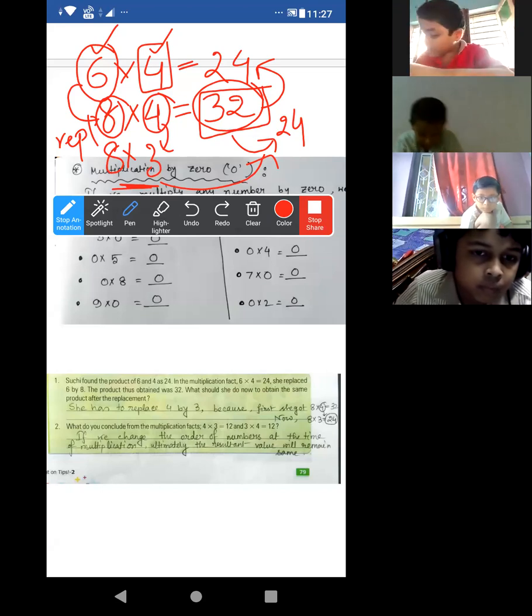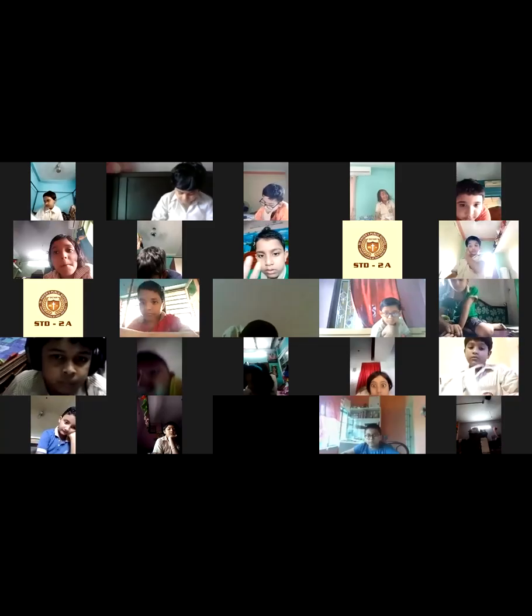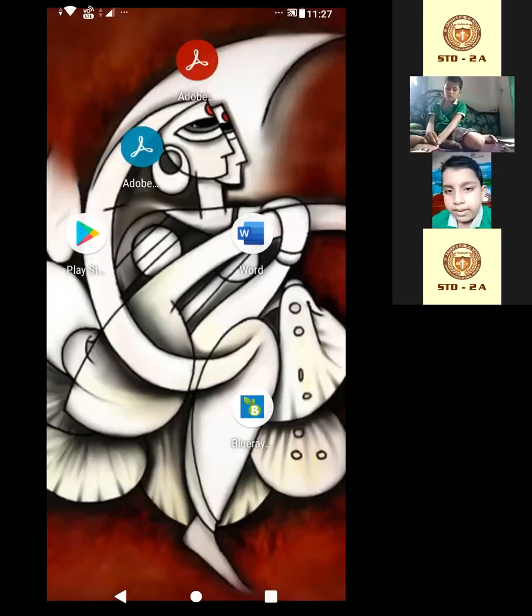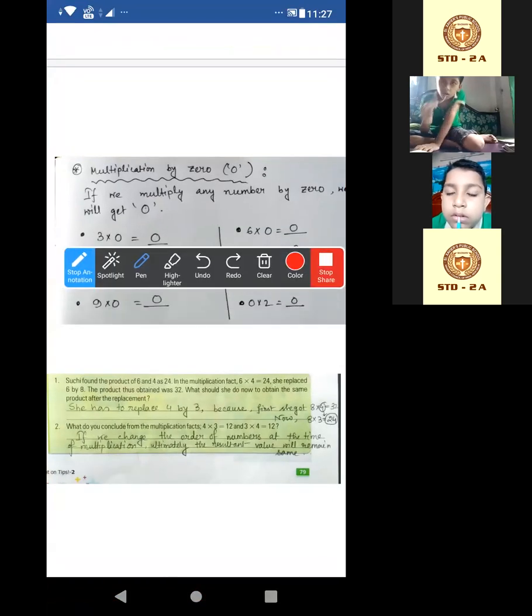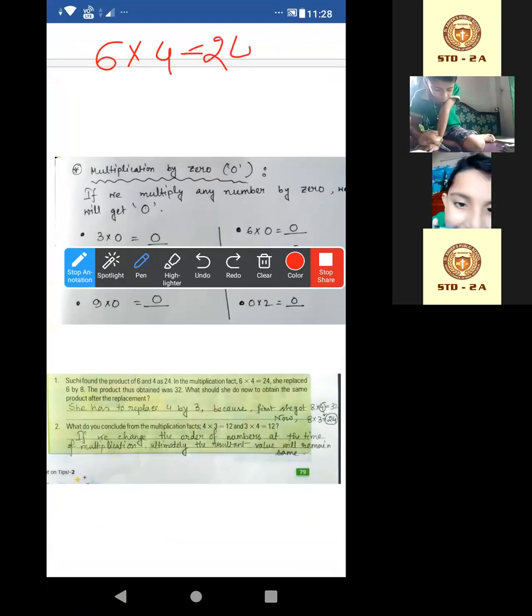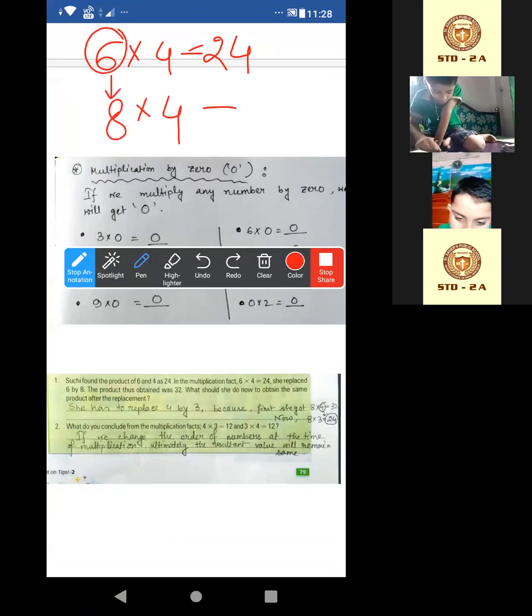Ankon Patra, Alvira, look at this. In this question, I'm sharing the screen again. Here it is given. Shuchi wrote 6 into 4 is equal to 24. Up to this it is clear. Now she replaced this 6 by 8. So 8 into 4 is equal to 32. But she wants this answer back.